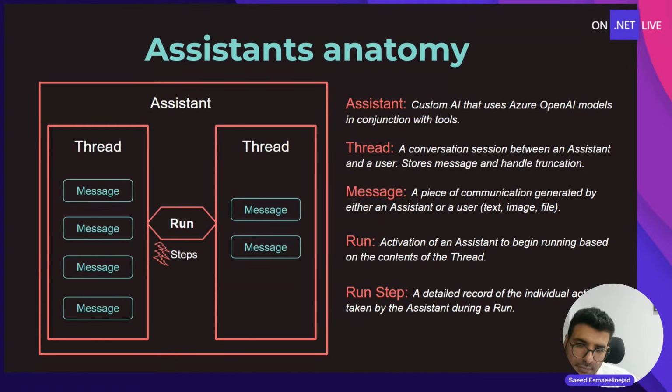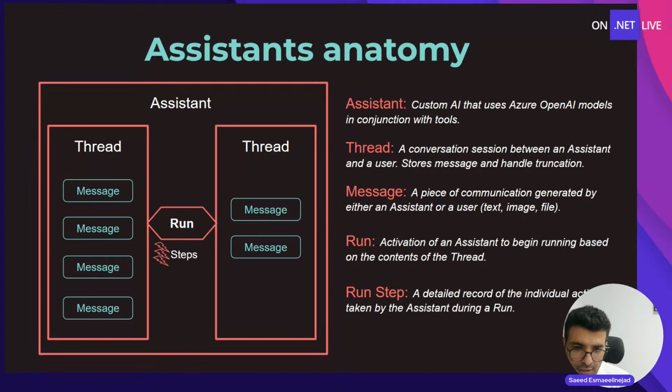So each thread can have multiple messages, both from the user and the assistant part. And then you just keep adding the messages to the thread. And at some point, you want to get a response from the LLM. Then you have to run the assistant.